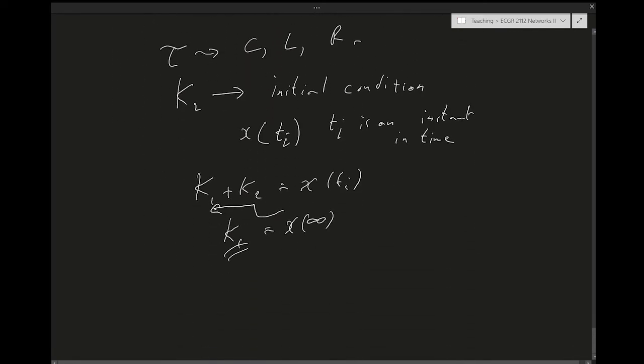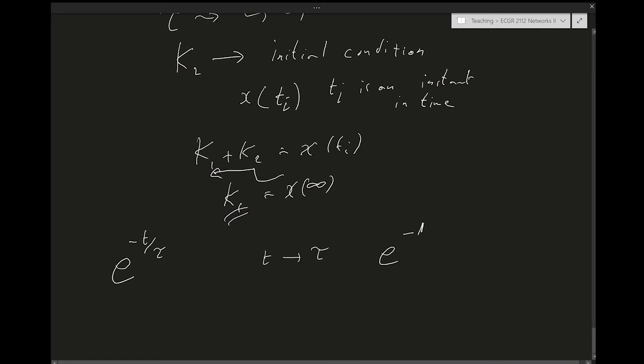So the timing of the response is governed by the exponential function, and this exponential function behaves in this way. If t reaches tau, I end up with e to the minus tau over tau, e to the minus 1. So e to the minus 1 is like 36.8%, which means the response has decayed by 63.2% of the initial value.